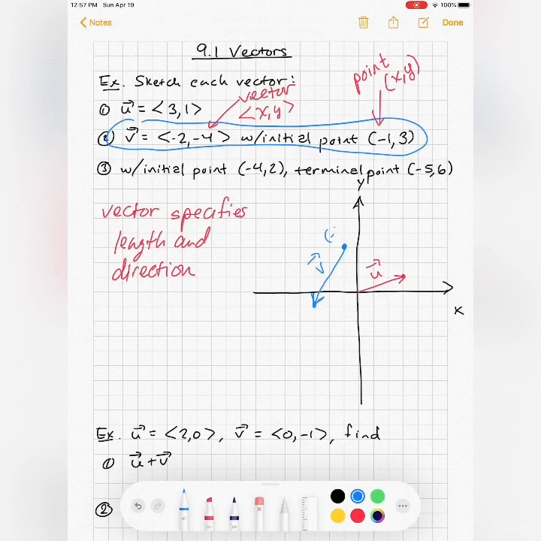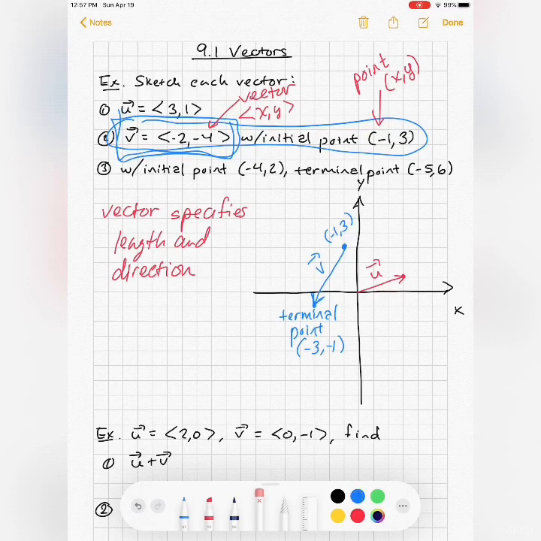The initial point is negative 1, 3. The terminal point where that vector ends would be negative 3, negative 1. Notice I'm using parentheses for a point versus the vector itself up here, which is written in component form using the angle braces. So there would only be one way I could sketch that vector v because that initial point is specified.